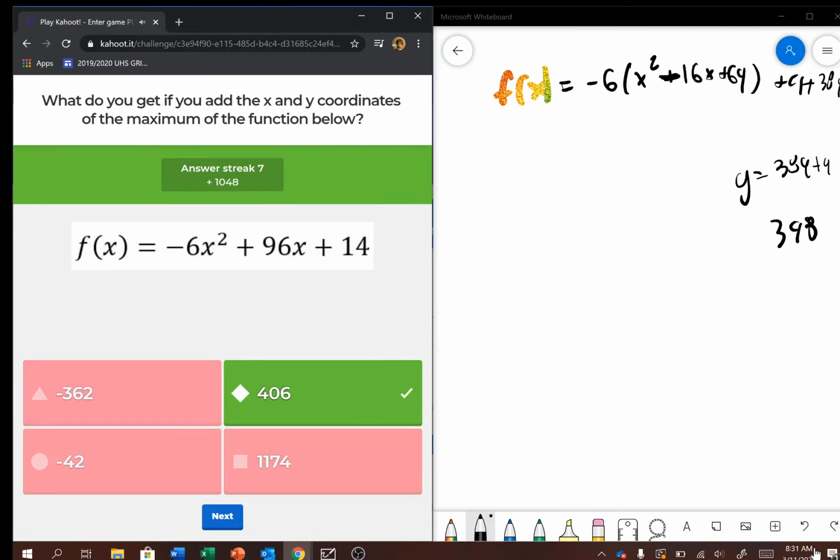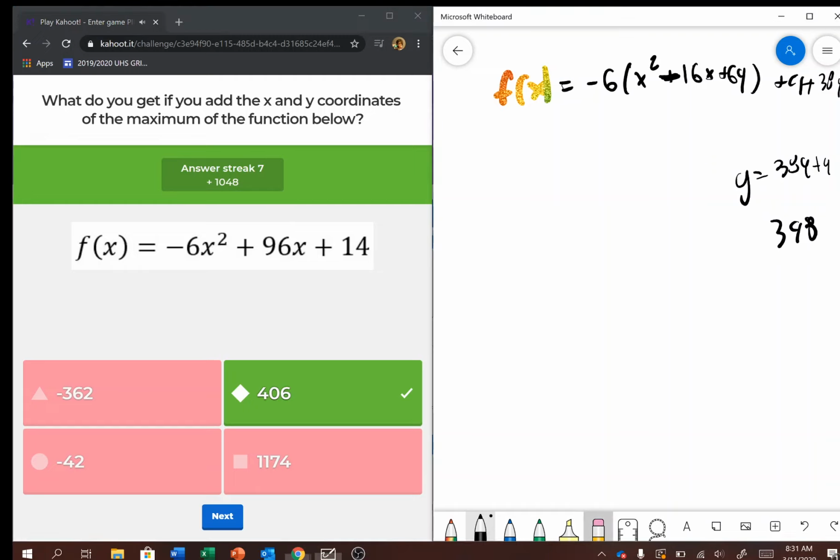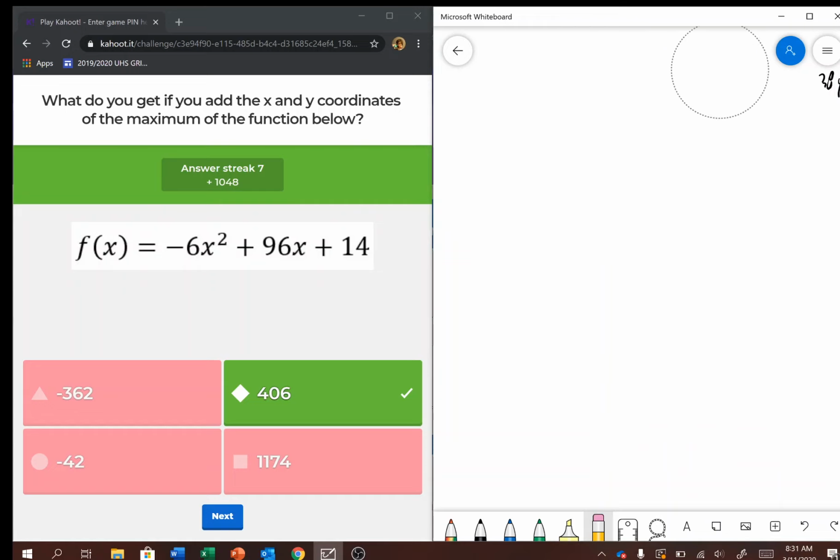Let me explain that more. Let me just redo it here to show you how I got that. So f of x is equal to negative 6x squared plus 96x plus 14. There's two ways to do this. Negative b over 2a gives me the x coordinate of the maximum.